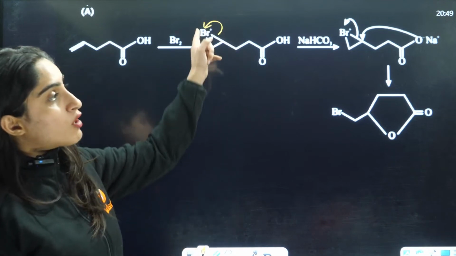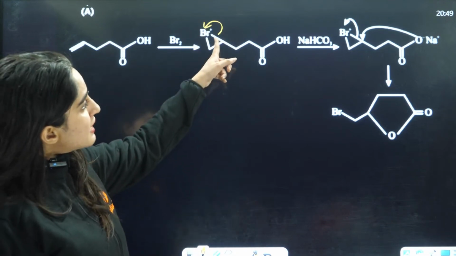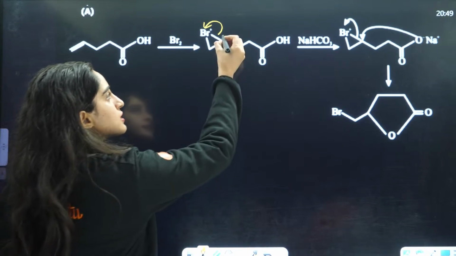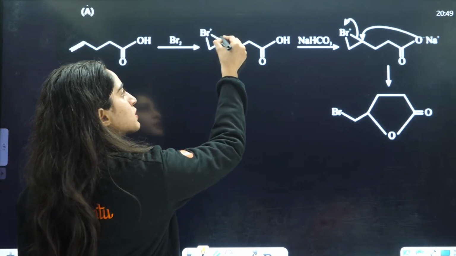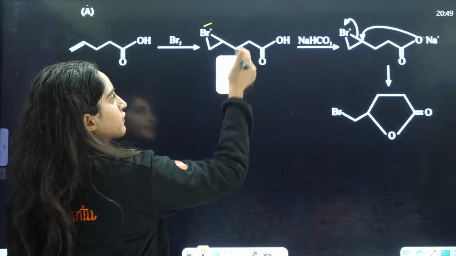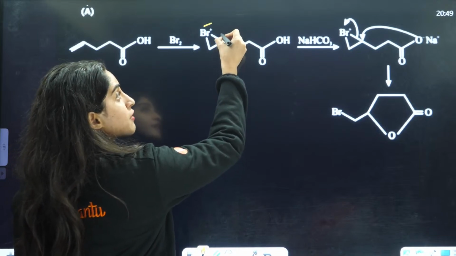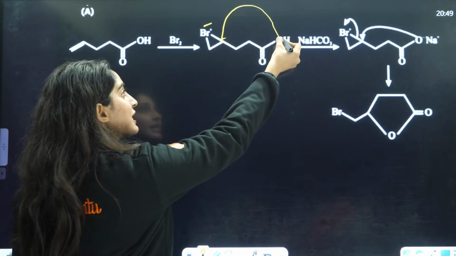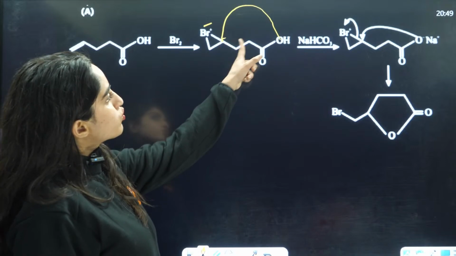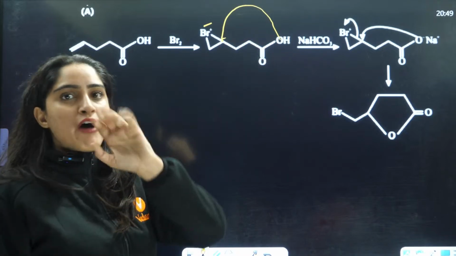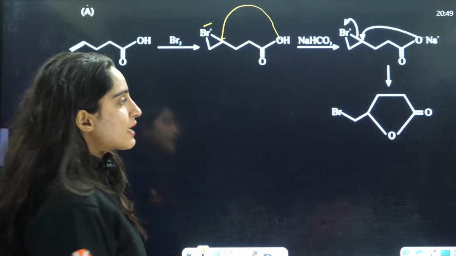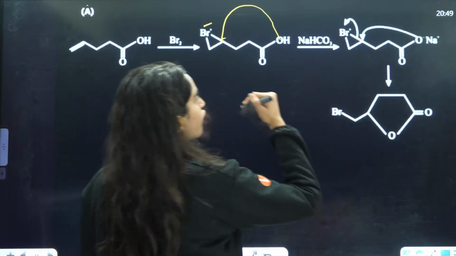When this electron is jumping here, this will become positive, and this will become negative. This positive will make a cyclic ring here. That will be 1, 2, 3, 4, 5. A 5-membered ring it will be. Right? So a 5-membered ring will be formed here.